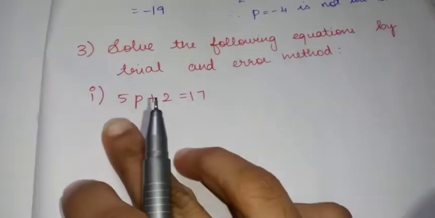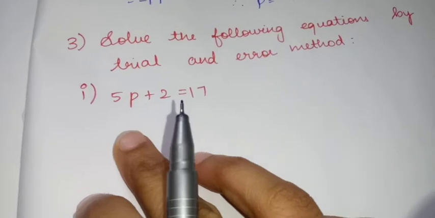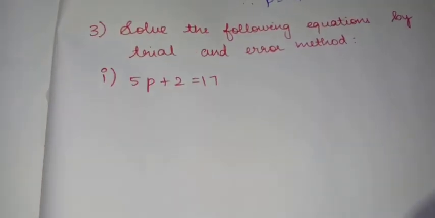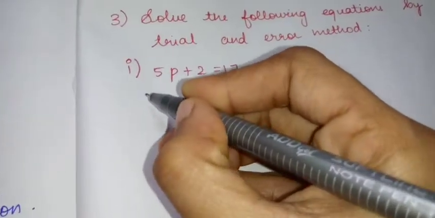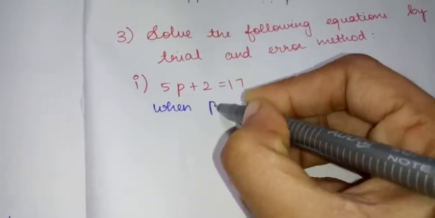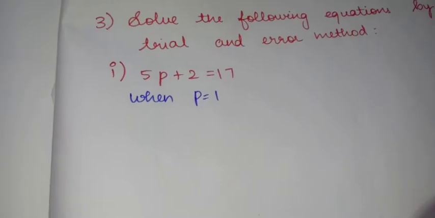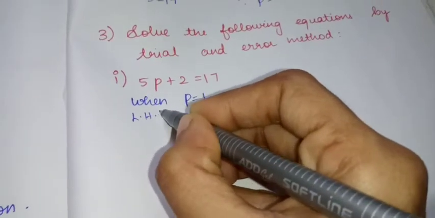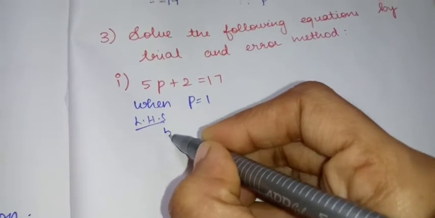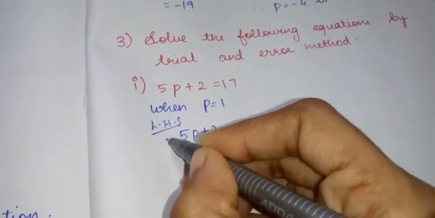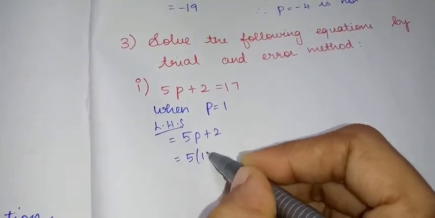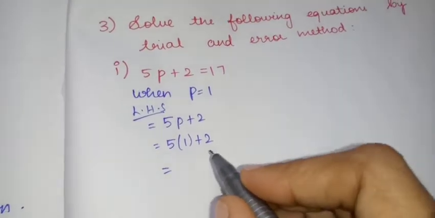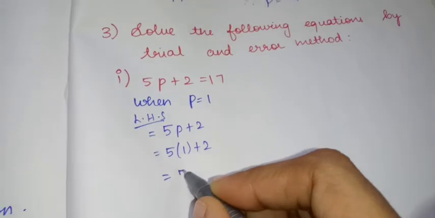First equation is what? 5p plus 2 is equal to 17. This is your equation. First, what you will do is the trial. When p is equal to 1, what will be the LHS? 5p plus 2. So, 5 into 1 plus 2. 5 ones are 5. 5 plus 2, 7.